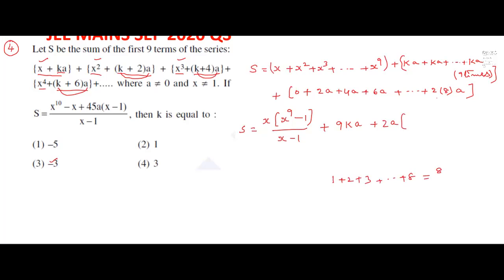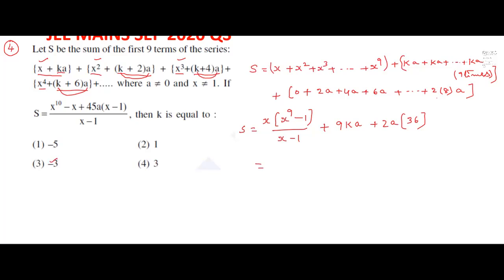The sum of n natural numbers formula we already know: n into n plus 1 by 2. This is 8 into 9 by 2. 2 4s are 8, 9 4s are 36. Here we get 2A into 36.